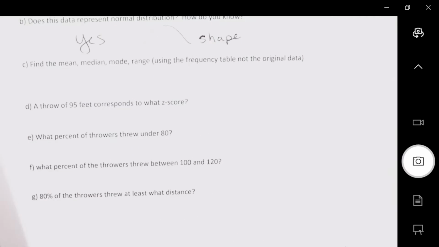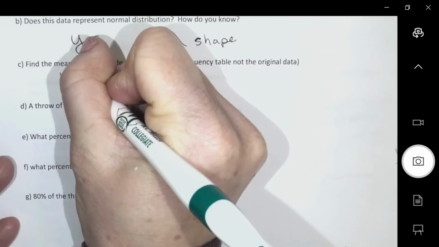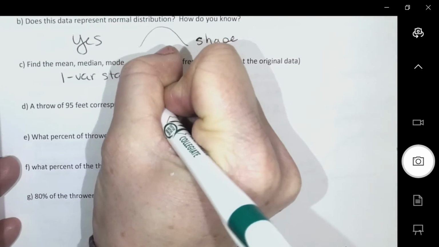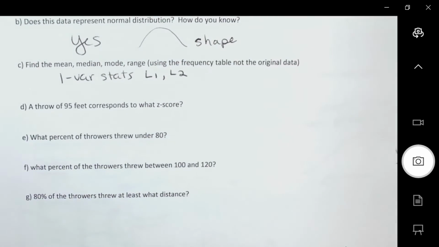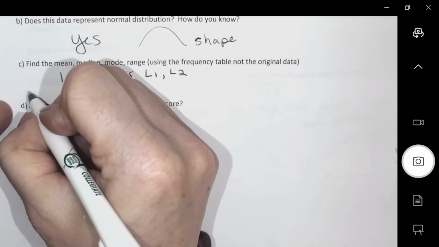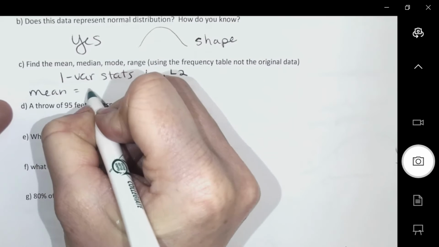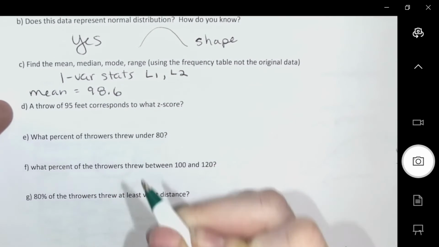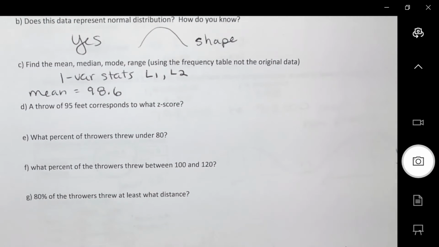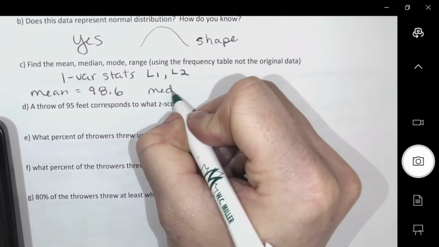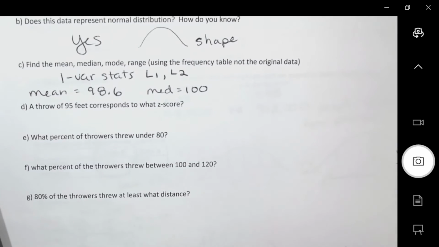Okay, so you have to do that. All right, enter. So we have a mean 98.6. Median is 100. Is that what your calculator's telling you?